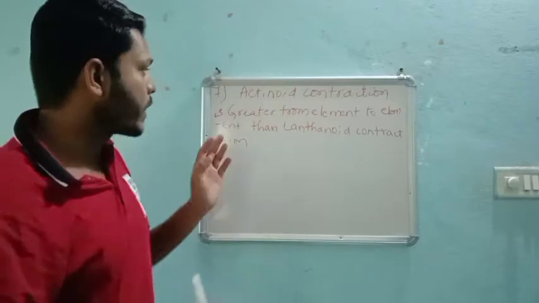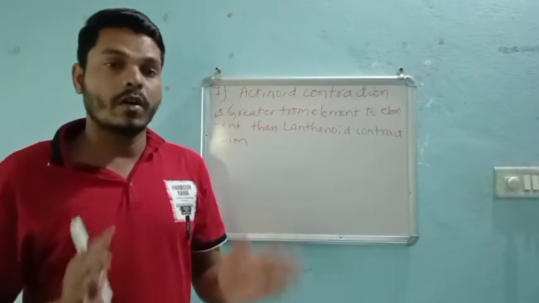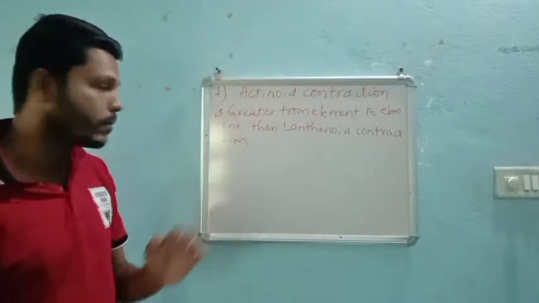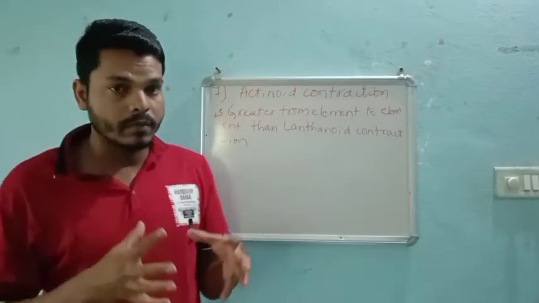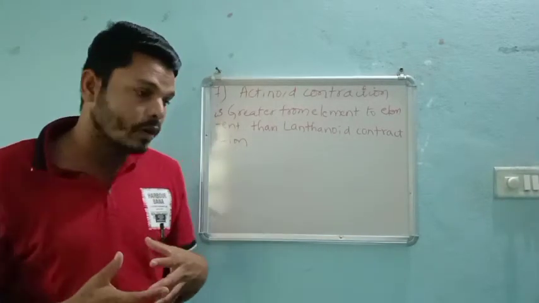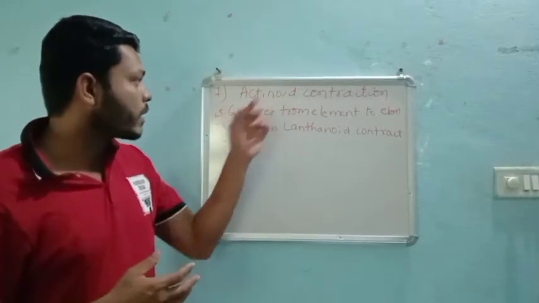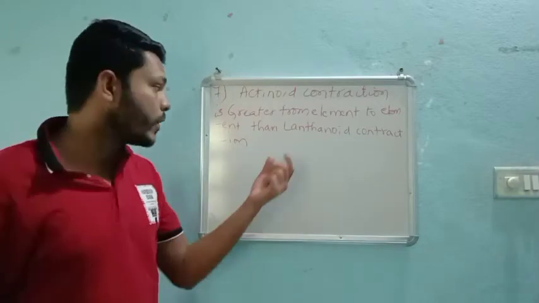See, in actinides also we see the contraction. In lanthanides also we see the contraction. But what he is asking is, both the series are giving contractions, but in actinoids the contraction is greater as compared to the lanthanoids.